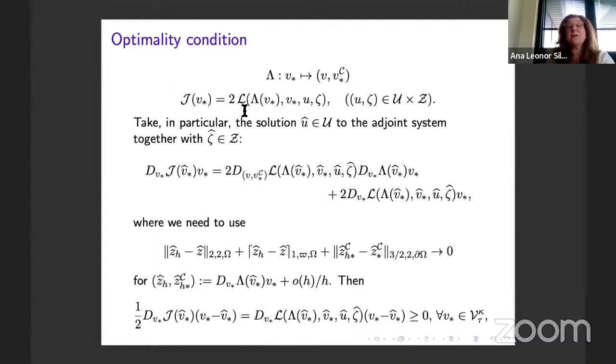The cost functional can be written in terms of a composition of the Lagrangian and this control to state mapping. And we can take the derivative of the cost functional with respect to the control, and we find this expression.